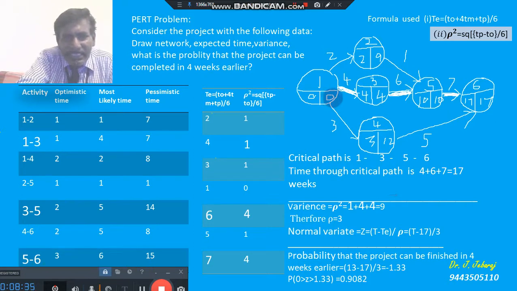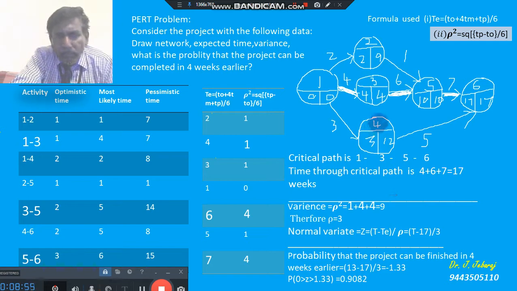The least latest time we have to write here, that is 4 minus 4, 0. Okay, so this is the way we can do the forward pass to get the earliest time, and the backward pass to get the latest time for each and every event.